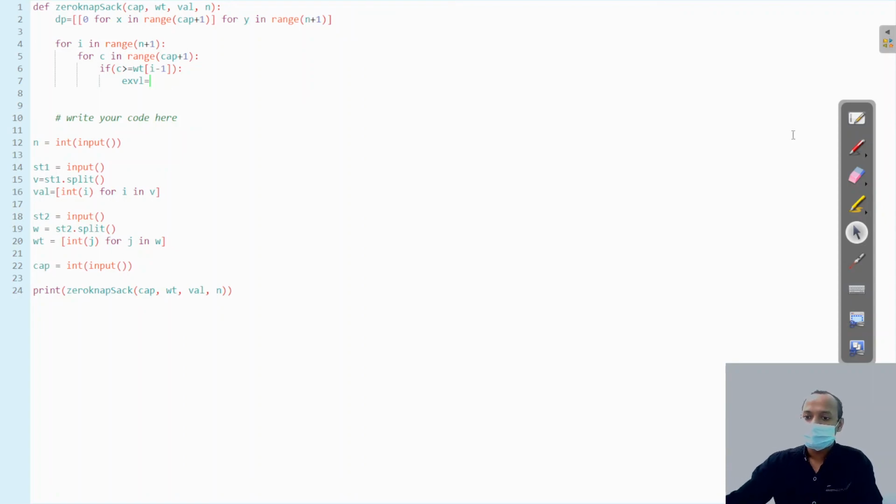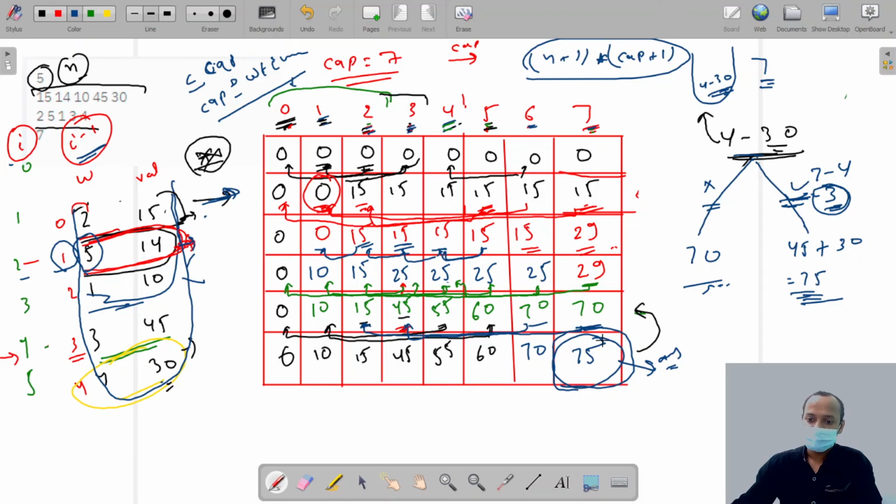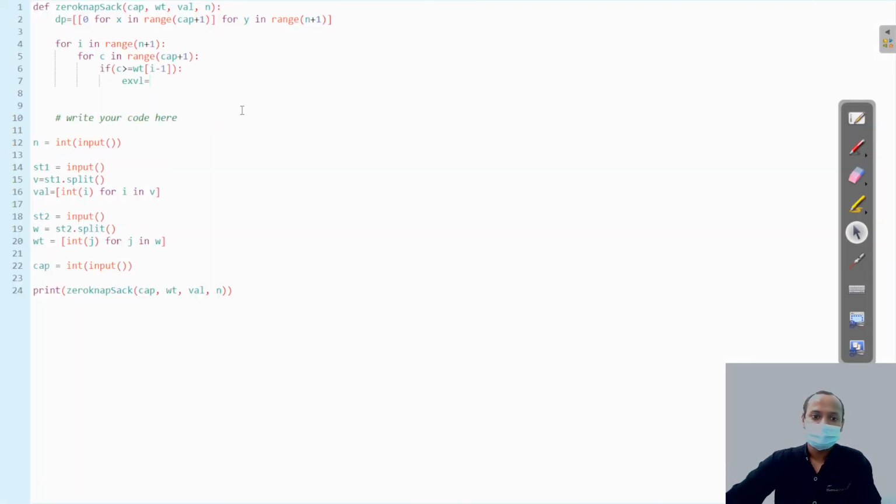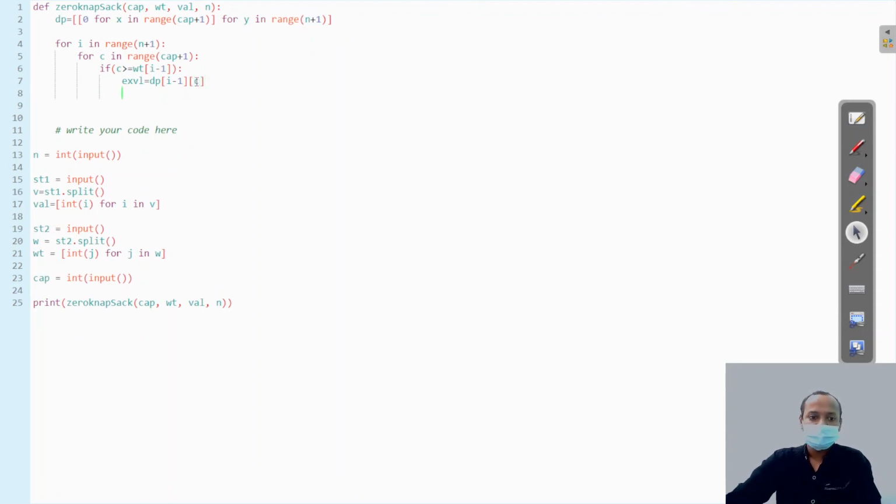If we exclude this item, then we look at the previous row at the same column. We take the value at dp of i minus 1 and column c. Right.